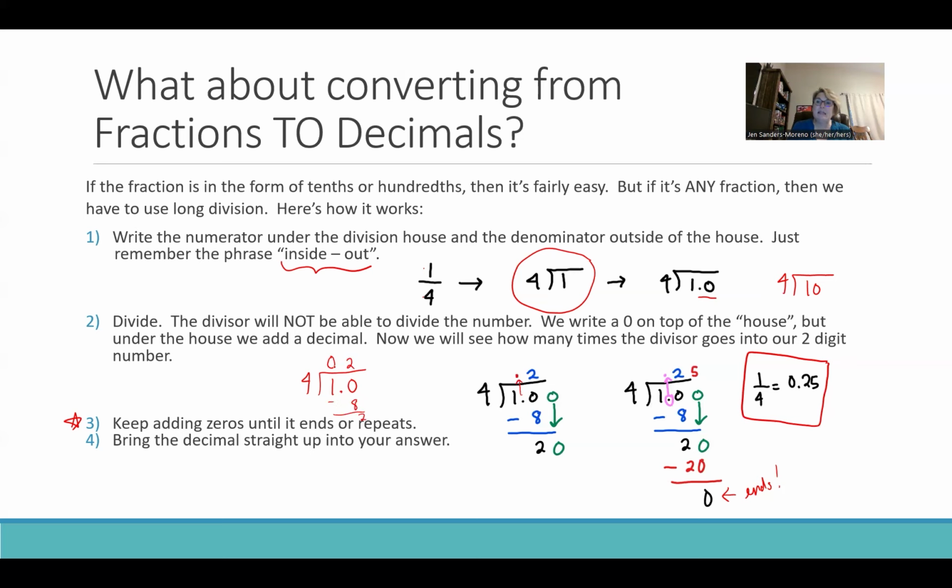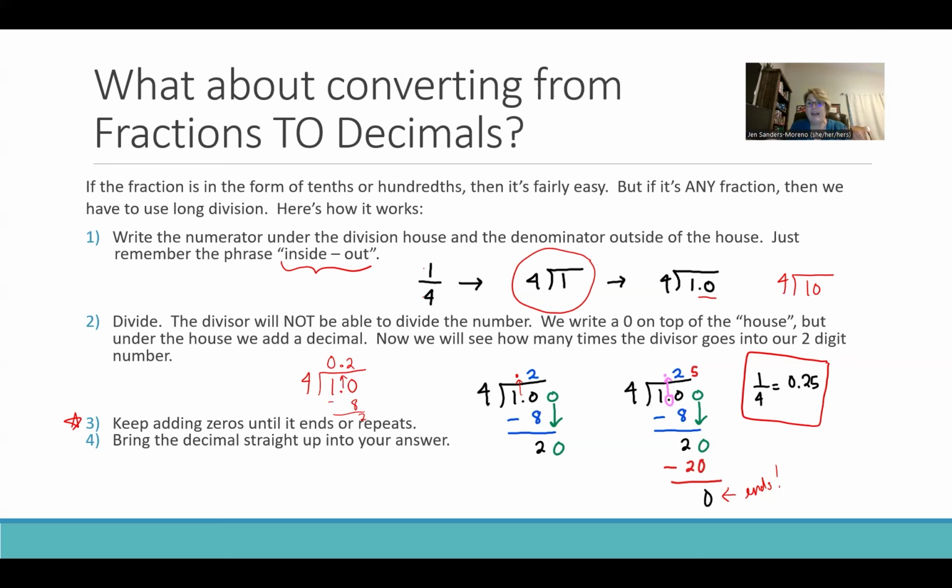Having that 0 there might help with the bookkeeping purposes of aligning everything. So you'll have to read the room. Maybe you want to instill in your students to put that 0 there as a placeholder. Maybe you're a little bit more lax and they don't need to write a 0. You get to decide and also see what your students are feeling.